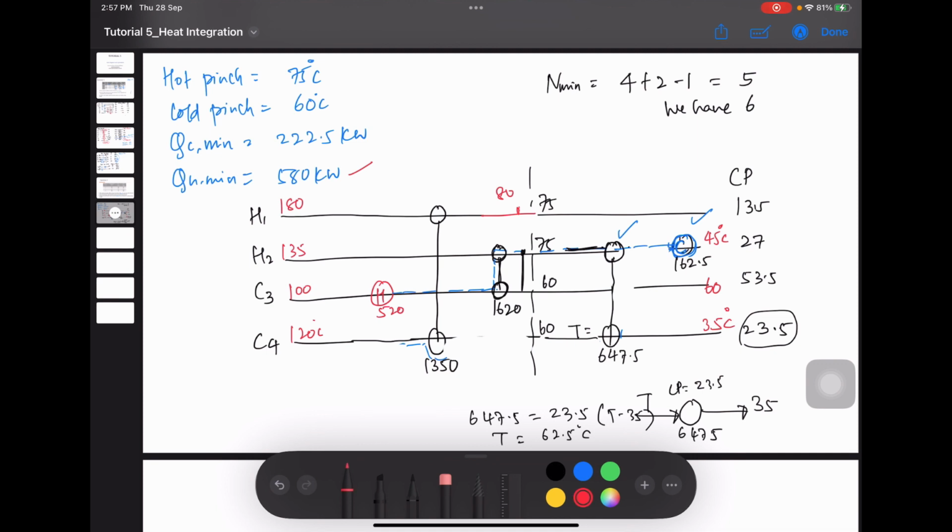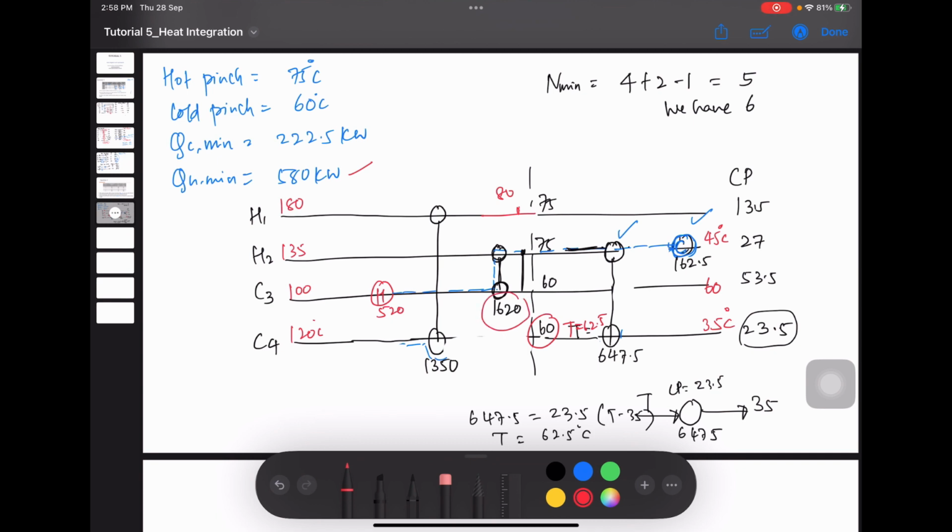So now here the temperature is 62.5, but we need 60 degrees, right, to maintain a pinch temperature. So this stream is 62.5. And then how about this heat exchanger?